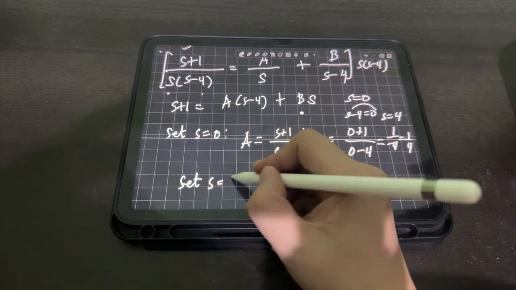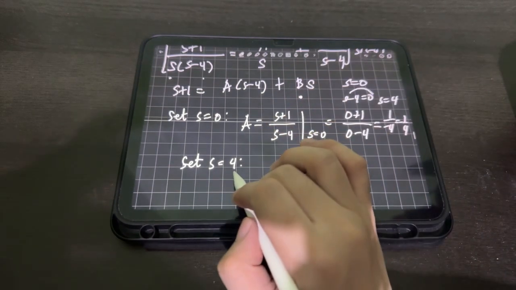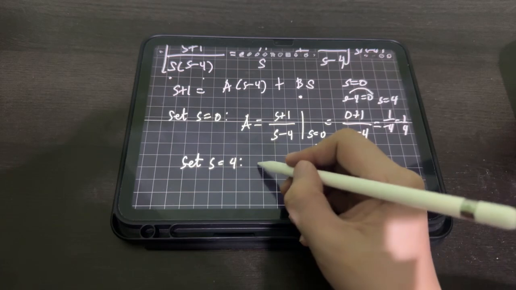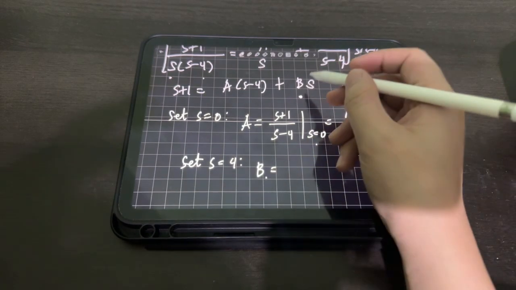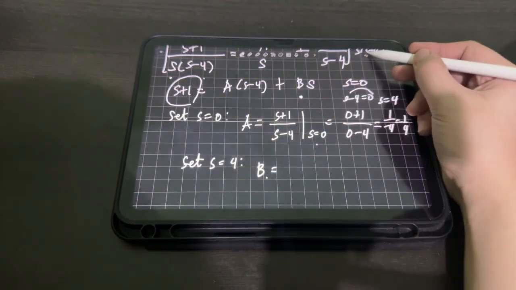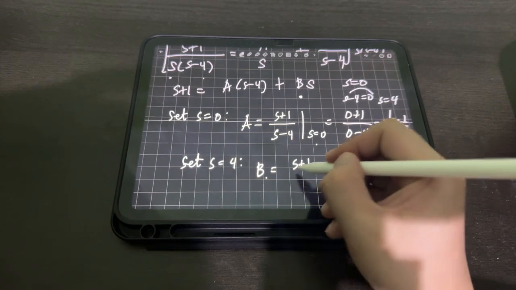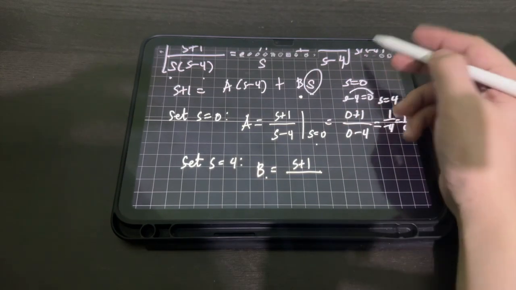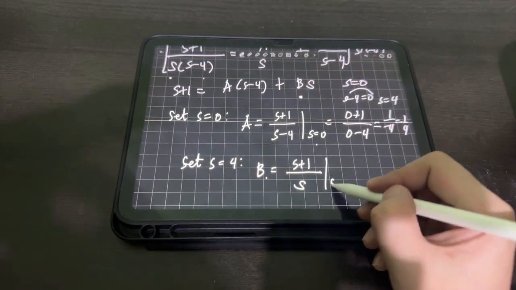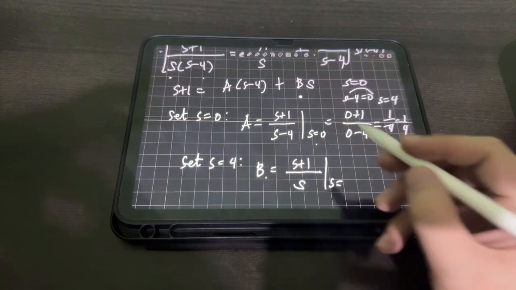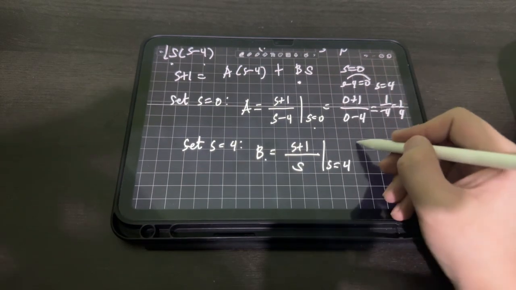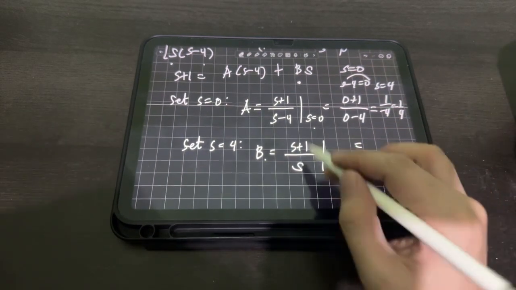So S is positive 4. So set S equal to 4, then we can find B equal to the expression on the left side, S plus 1, over its coefficient S, and evaluate this expression at S equal to 4. Substitute every S here with 4.